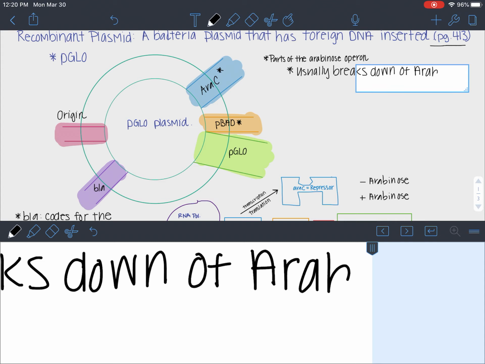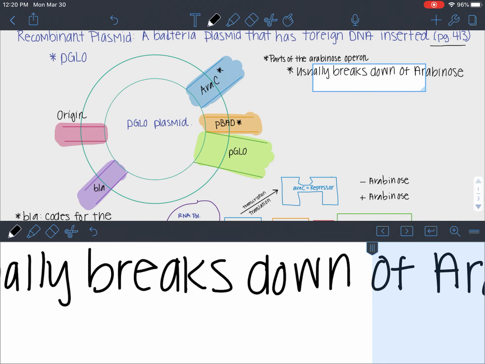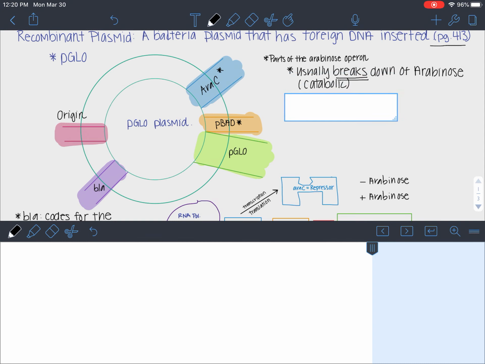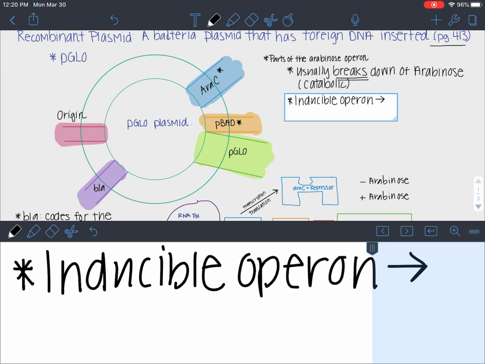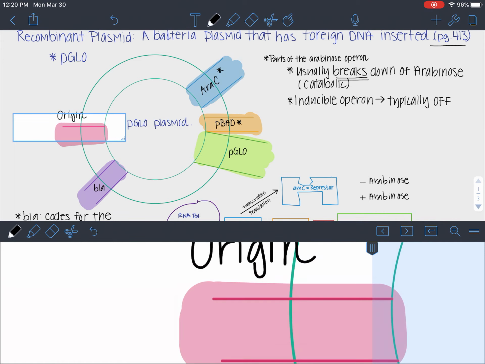Remember those words that end in OSE? Those are going to be our sugars, okay? Now, just like our lac operon, we are looking at breakdown, or a catabolic reaction, which means that this operon is an example of an inducible operon, which means that typically it is turned off, or we are not expressing those genes.